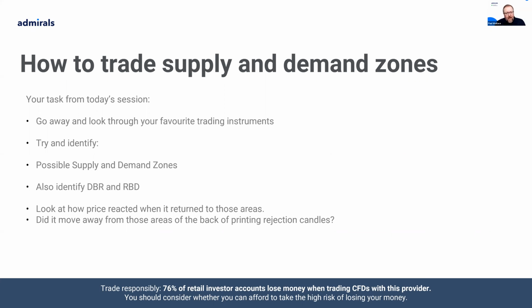Identify areas where the market has accelerated upwards, because it's leaving a demand zone, or where markets have collapsed, creating a supply zone. You might then build in identifying where markets have done a drop, base, rally, or a rally, base, drop.